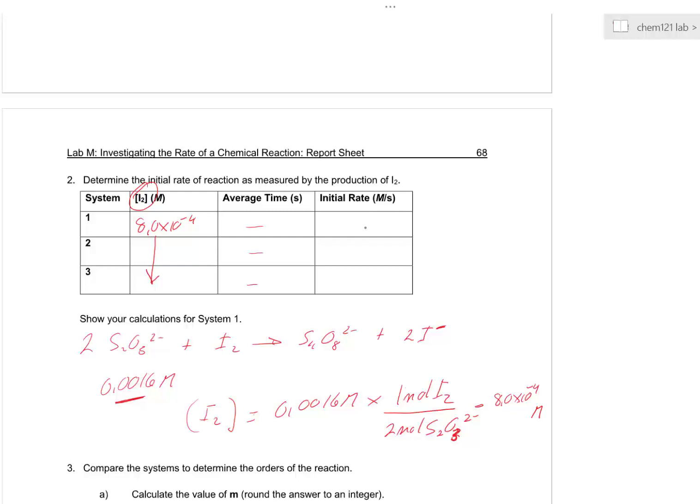You know that you halved the iodide concentration for system 2 and you can look at the effect on the initial rate. And for system 3 we halved the persulfate concentration and you can look at the effect on the initial rate. Remember that the exponents that we're looking for, m and n, will be integers. They will either have a value of 0, 1, or 2.